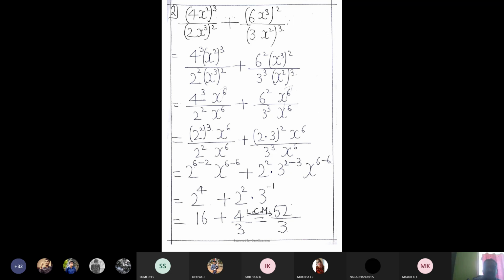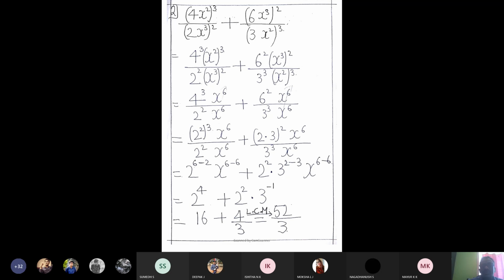Directly you can cancel, and okay, we have applied this law, a^m by a^n, 6 minus 6. Everything is, we are just giving more focus on this application of laws, nothing else. I didn't go for cancellation, that's all.